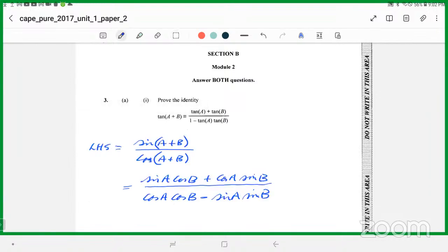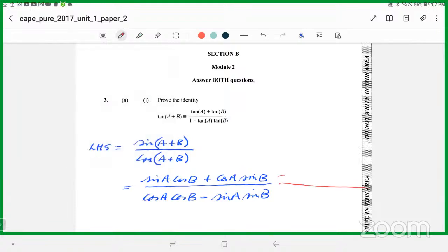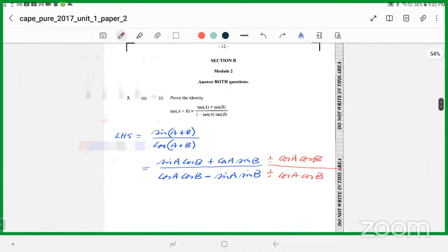So I'm going to divide the numerator by cos A cos B, and divide the denominator by the same thing, cos A cos B, because I want this to become a 1, as I see it there. So what do I get?